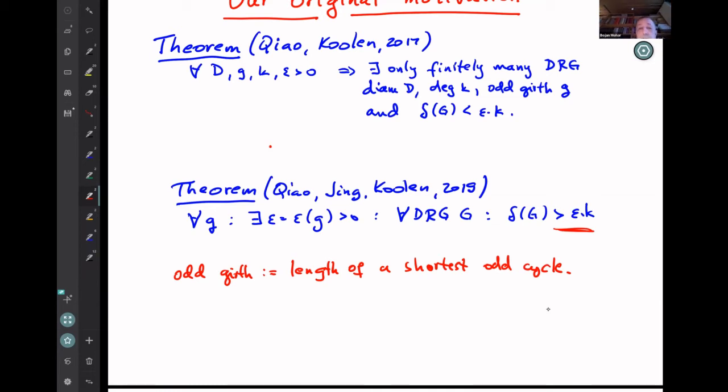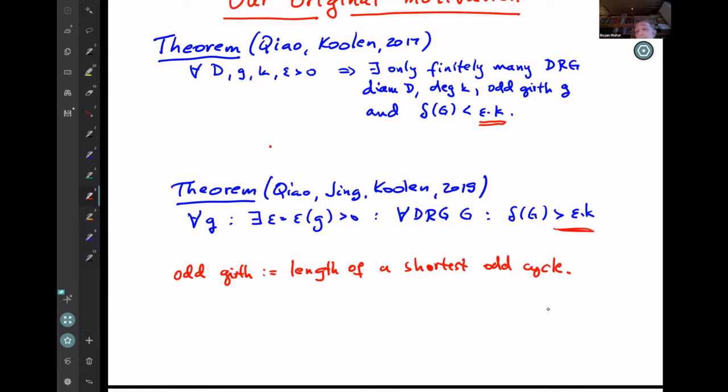So we looked at this, and basically it turns out that this epsilon times k is a consequence of the fact that there is not just one odd cycle of length g, but there are plenty of odd cycles of length g in distance regular graphs. If you had just one, you couldn't get such a separation result.